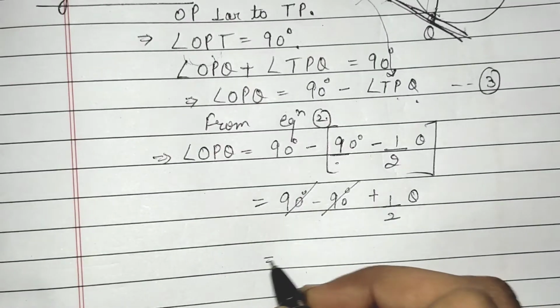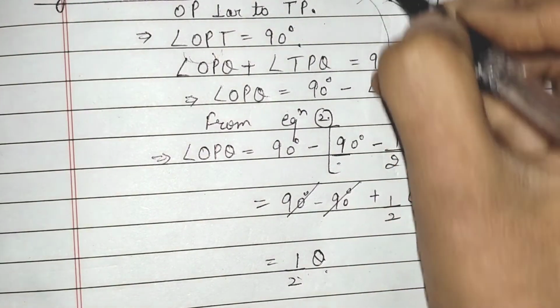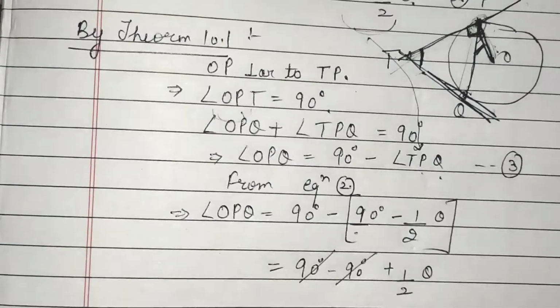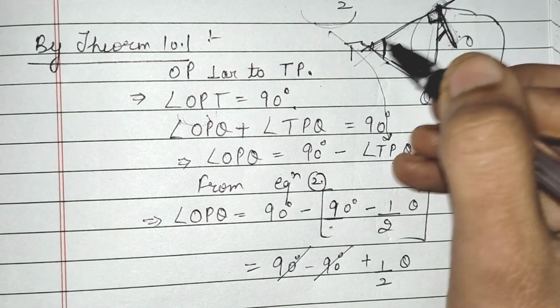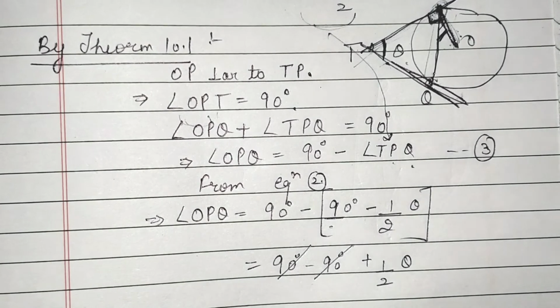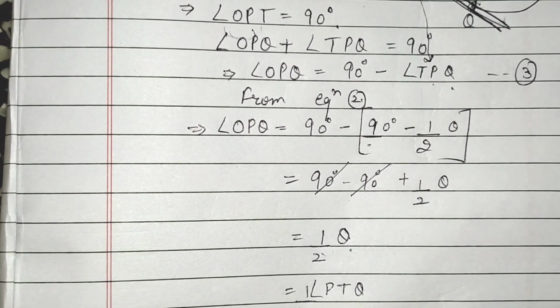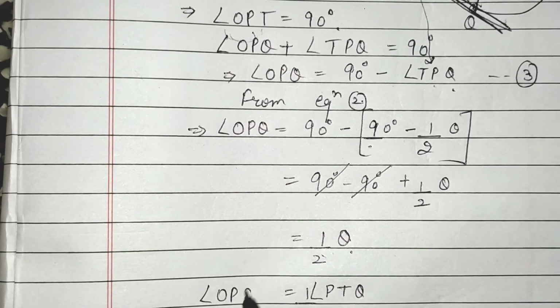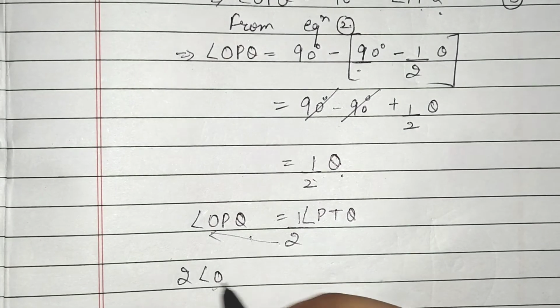So 90 and 90 will get cancelled out and I will get half of theta. And theta is what? We have imagined theta as this angle, that means the angle PTQ. So it will give me angle OPQ is equal to half of angle PTQ, right?